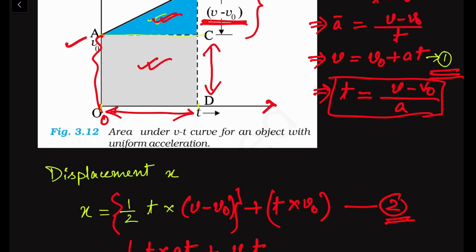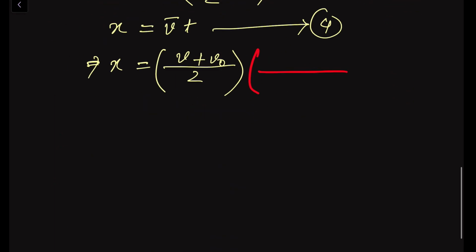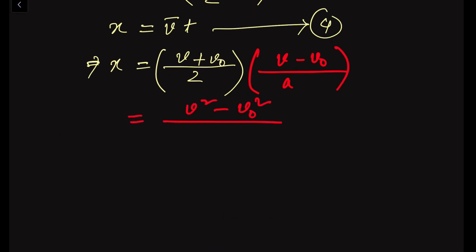We will replace t with this value, so here we'll have V square minus V0 square divided by 2A. Are you getting my point? Up to here I think you are clear.